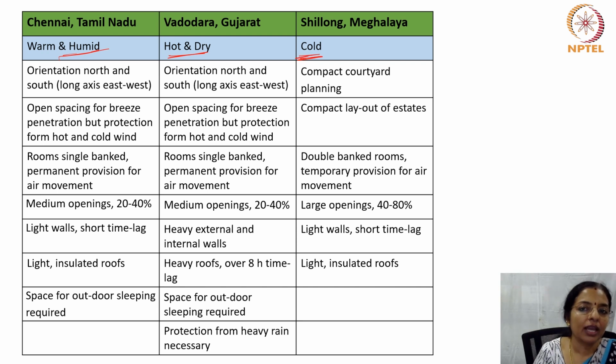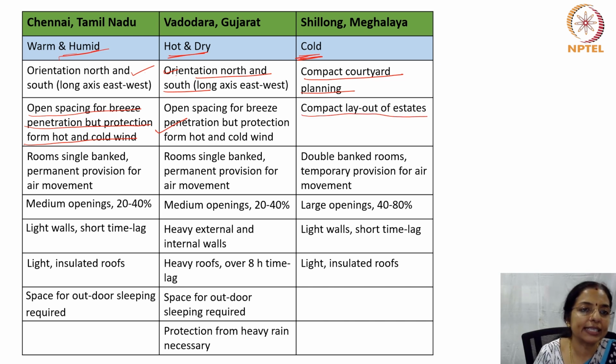Now, for warm, humid and hot, dry, it says orientation should be along north and south. Whereas for Shillong, it says compact courtyard planning. For warm, humid and hot, dry, it says open space for breeze penetration but protection from hot and cold winds. The same for Vadodara. Whereas for Shillong, it says compact layout of estates.